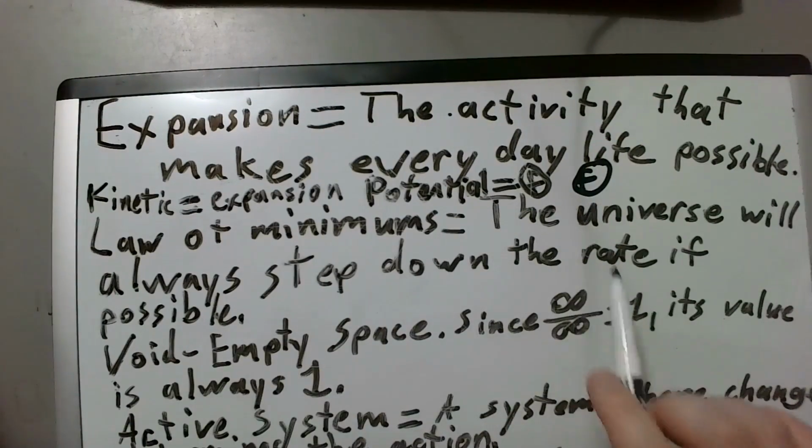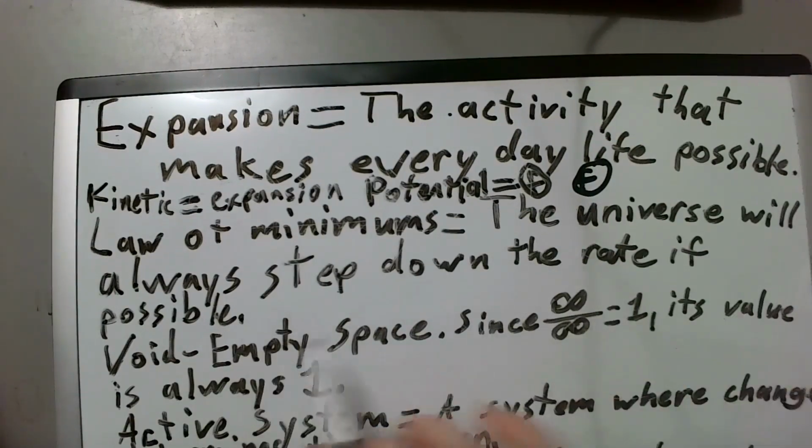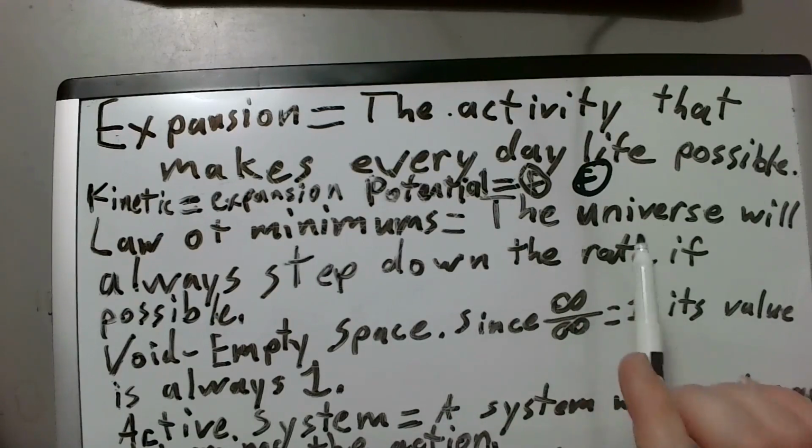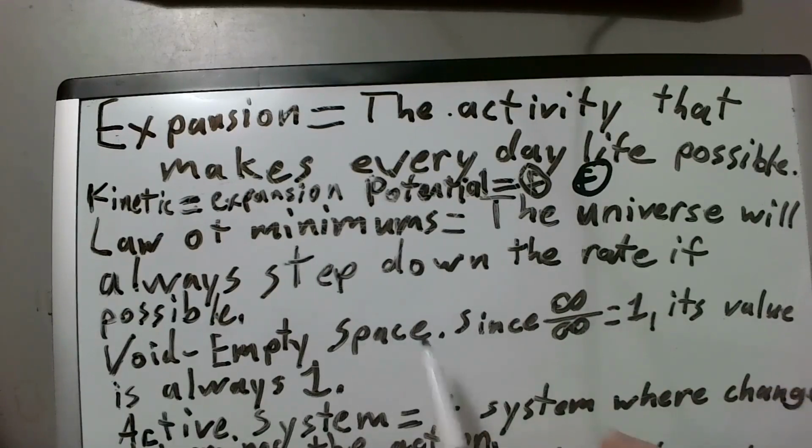The law of minimums is the universe will always step down the rate if possible. It will always try to find every possible way to step down the rate. If it can't, it will go up. Okay, so that's the law of minimums. It will always step down. Void is empty space. Since infinity divided by infinity is equal to 1, its value is always 1.